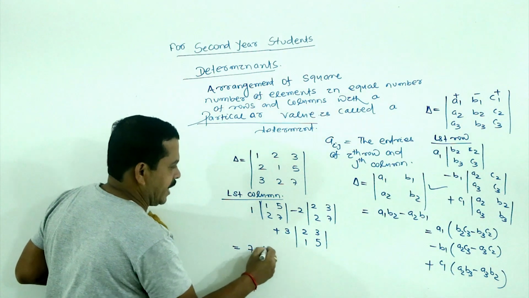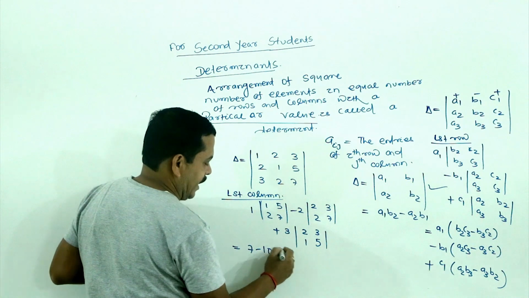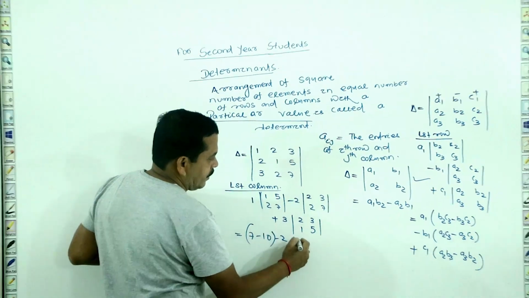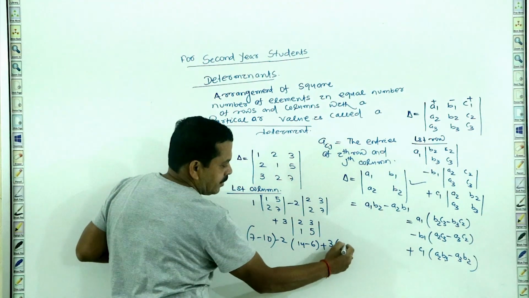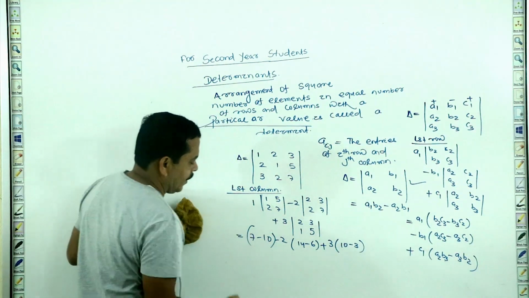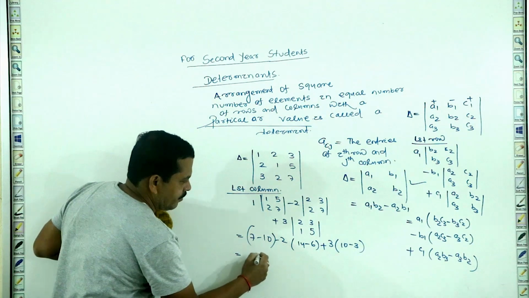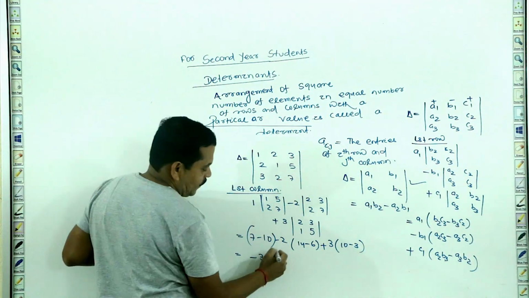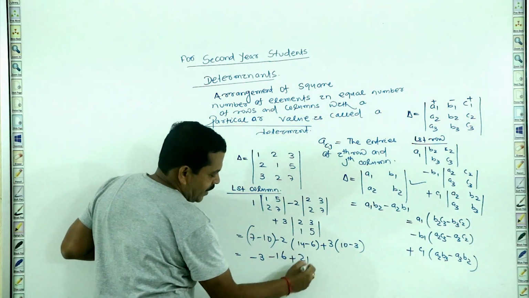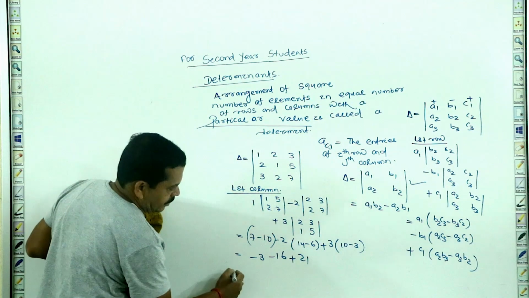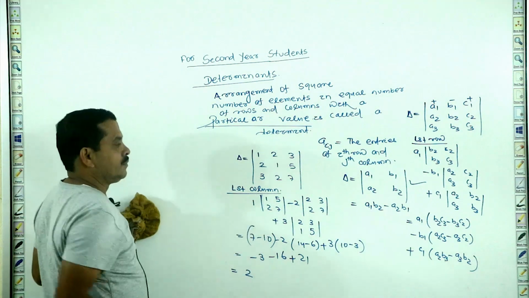which is equal to 7 minus 10 minus 2 into (14 minus 6) plus 3 into (10 minus 3), which is equal to minus 3 minus 16 plus 21, which is equal to plus 2.